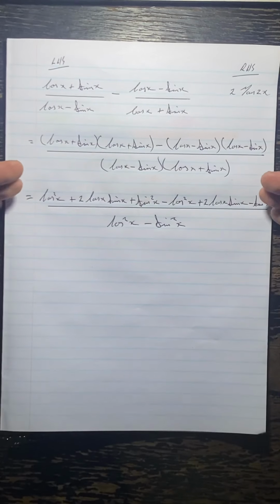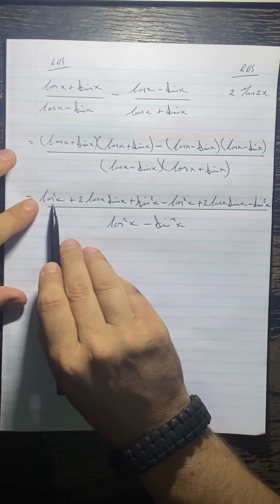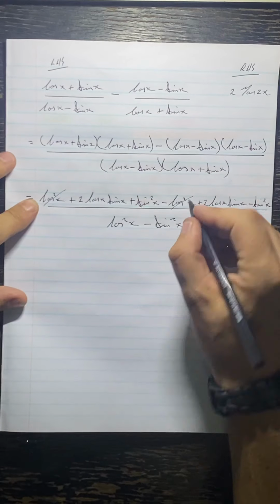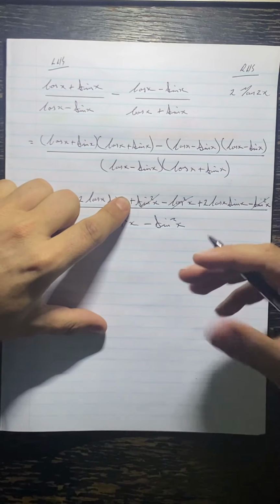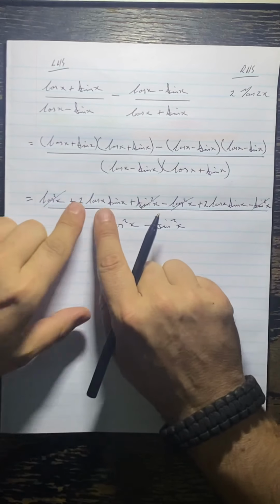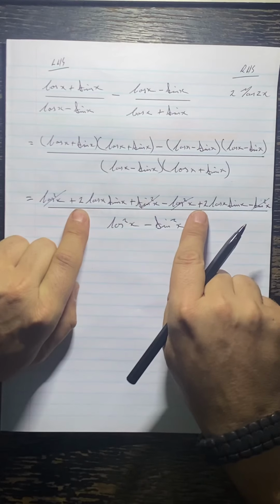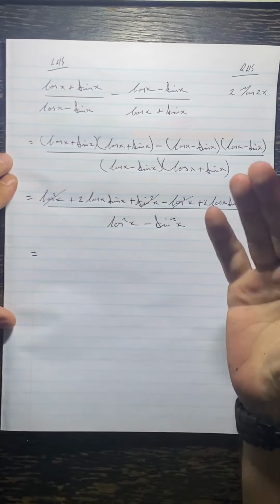Now in the numerator, all I look for is like terms. We've got cos squared x minus cos squared x, so they cancel. Sine squared x minus sine squared x, they cancel. The like terms here are plus 2 cos x sin x plus 2 cos x sin x, which gives us 4 cos x sin x.